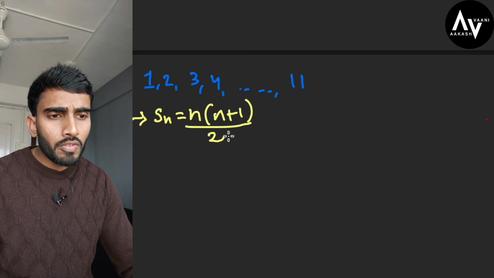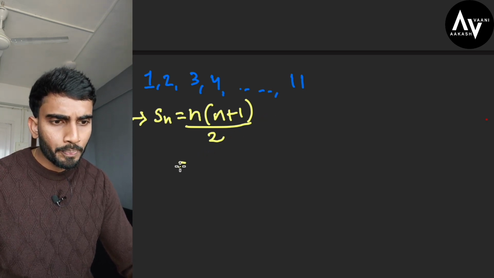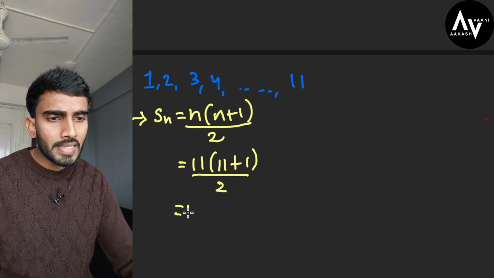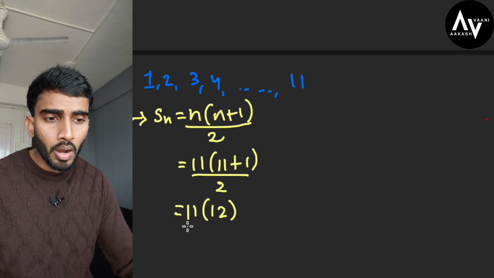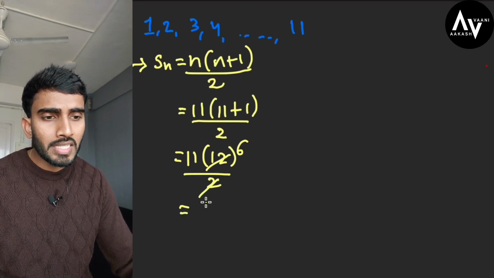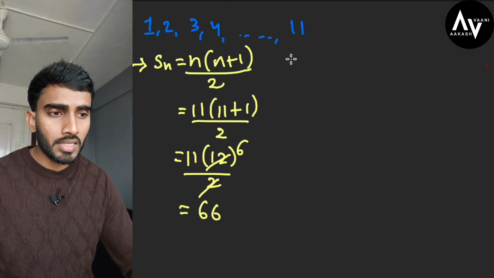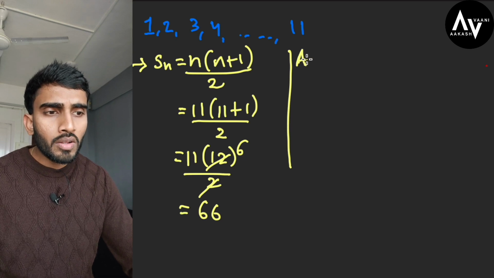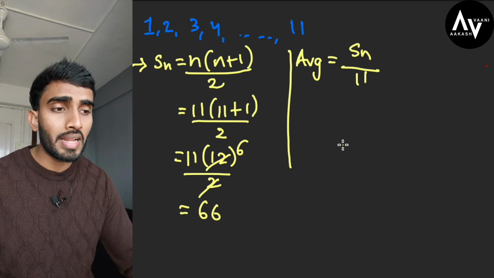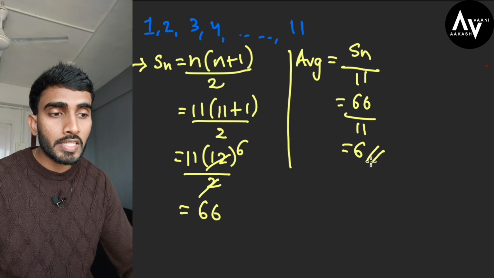Let us put the value of n as 11. We get 11 into 11 plus 1 upon 2, that is 11 into 12 upon 2. This 2 will cancel with 12, 2 sixes are 12, and we get 11 sixes are 66. So the sum of these 11 integers is 66. Now to find the mean, or average, I will divide this sum by 11, as there are 11 entries. So 66 divided by 11, we get the answer 6.